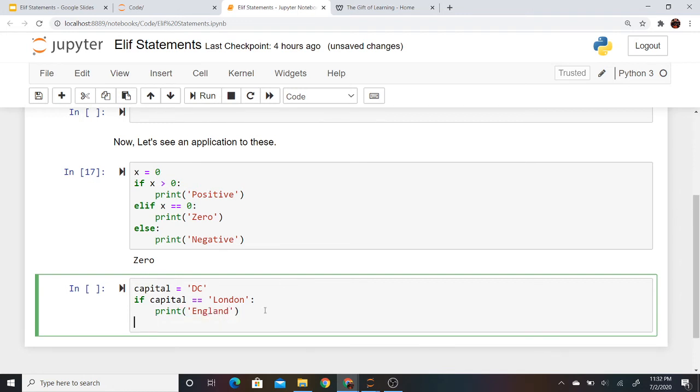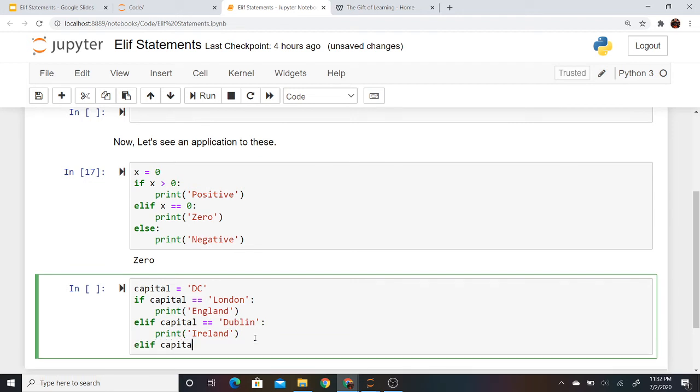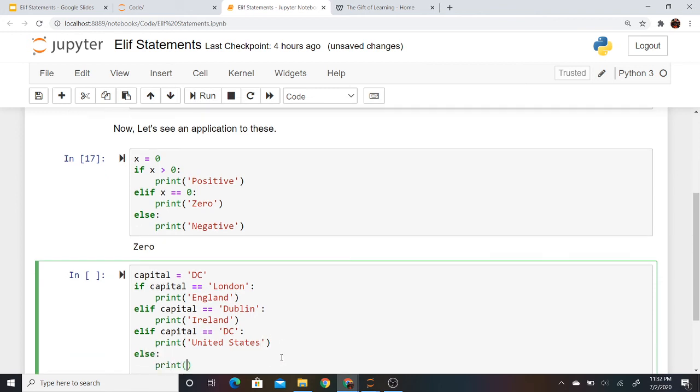Then we can do elif capital is equal to Dublin, print Ireland. Then we can do elif capital is equal to DC, print United States. And then we can say else, print answer not known.